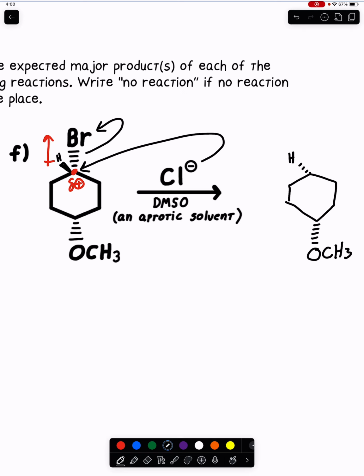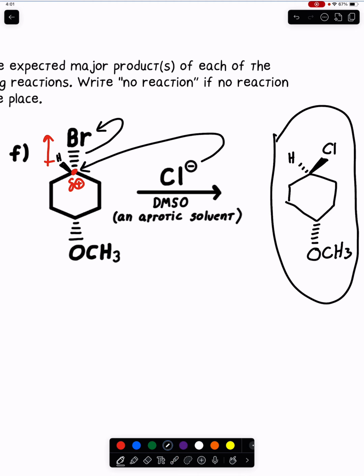And that chlorine that added from outside of the paper means it's going to be on a wedge. The point is, notice the relationship between the chlorine that added and the methoxy substituent that was already there. One is on a wedge, one is on a dash. They are on opposite sides of the ring. So this is the product that you're most likely to get.